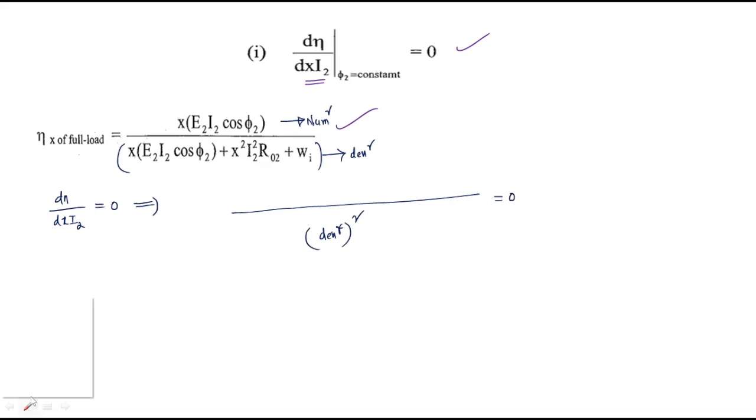Then the upper part should be x E2 I2 cos phi 2 plus (x I2) whole square into R02 plus PI, multiplied by the differentiation of this numerator with respect to x I2, which equals E2 cos phi 2. Clear?